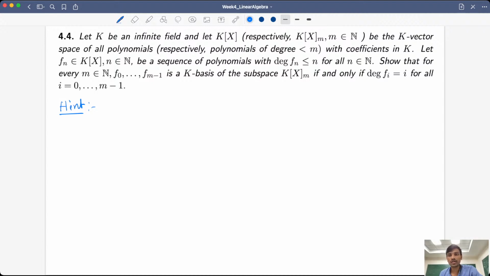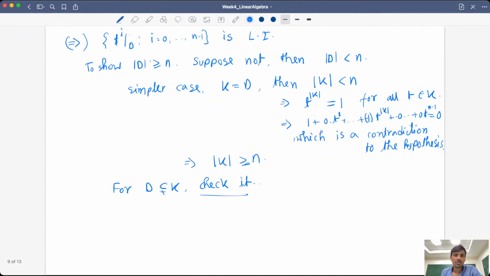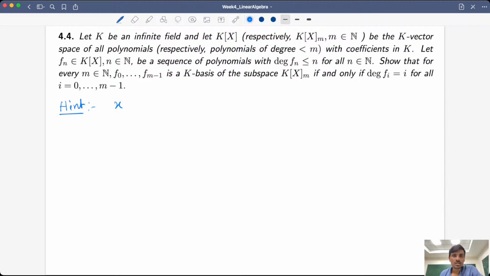So first note, using the previous problem, that in this case you can take 1, x, x squared up to x^{m-1}.